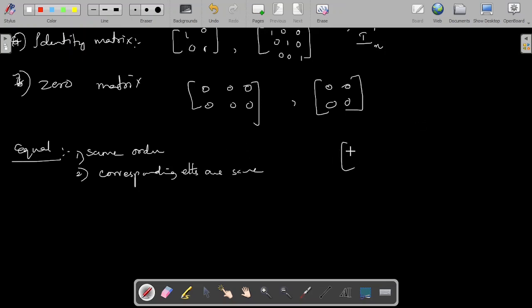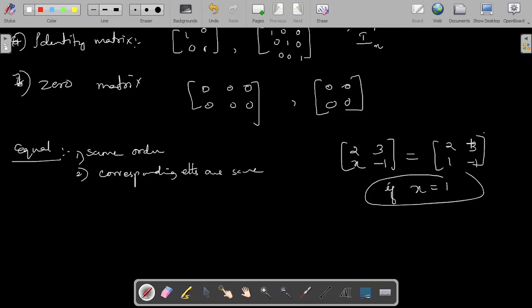For example, if you have [2, 3x minus 1] and here you have [2, 3, 1 minus 1], these two matrices are equal if x equals 1, because the rest of the elements are the same. If x is equal to this, then the two matrices become equal. This is about equality of matrices.